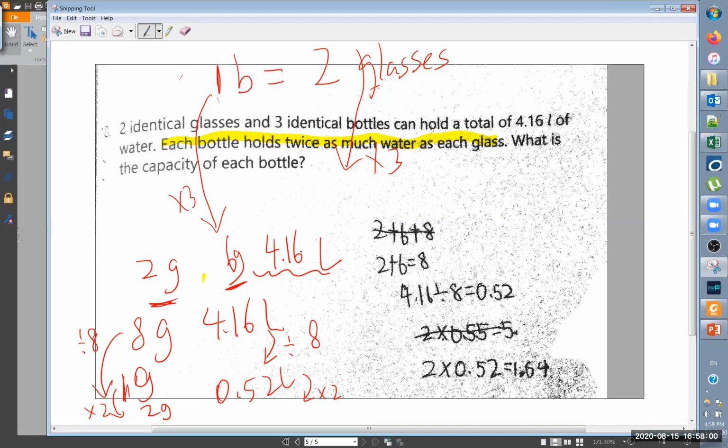Very good. Okay? Easy? So basically, just proportionality. But before you do 2 glasses, you have to find 1 glass first. Okay? Good.